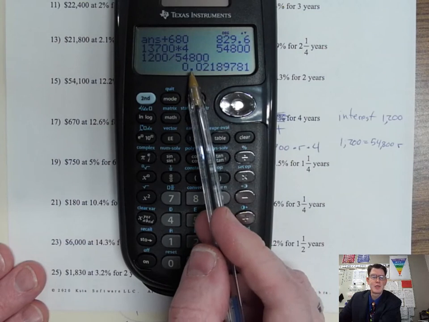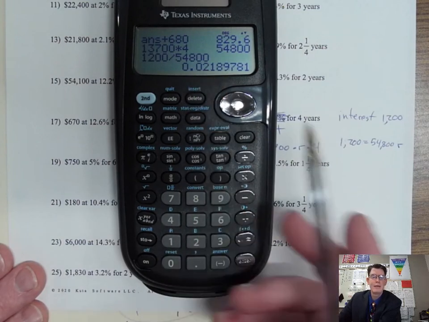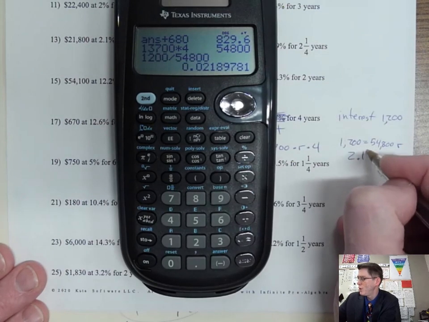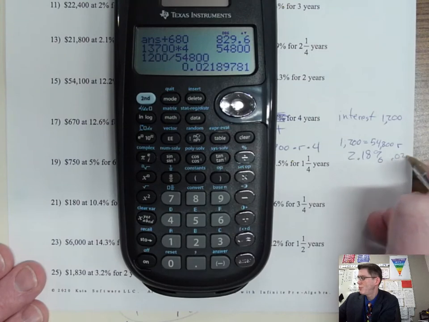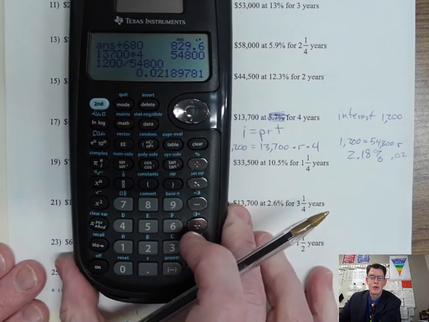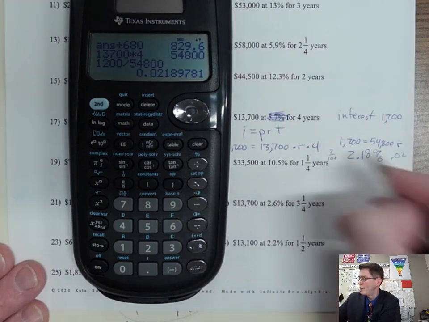So there's the percent rate. If I move the decimal over, it's 2.18%. So it's about a 0.02 interest rate, or as you see them write it, 2 over 100.